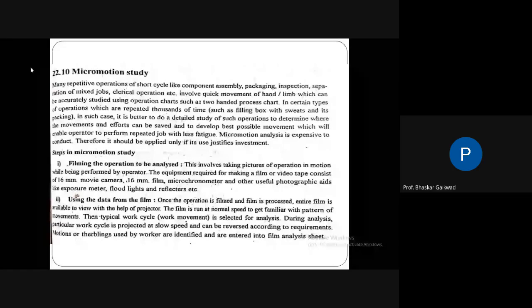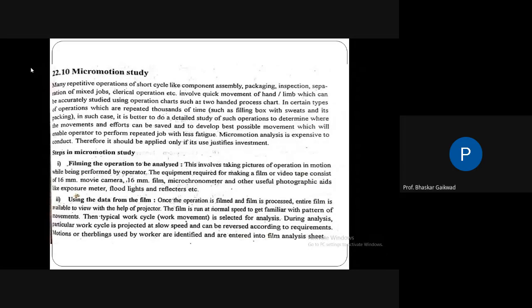In certain types of operations which are repeated thousands of times, it is better to do a detailed study of such operations to determine whether movements or efforts can be saved, to develop the best possible movement, which will enable the operator to perform repetitive jobs with less fatigue.